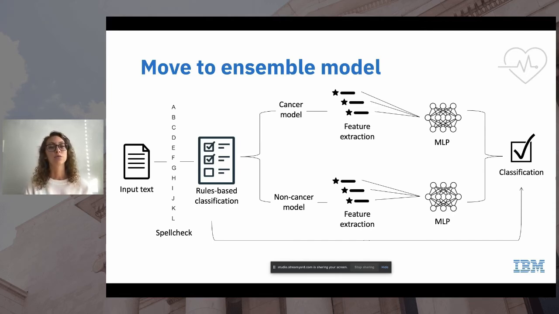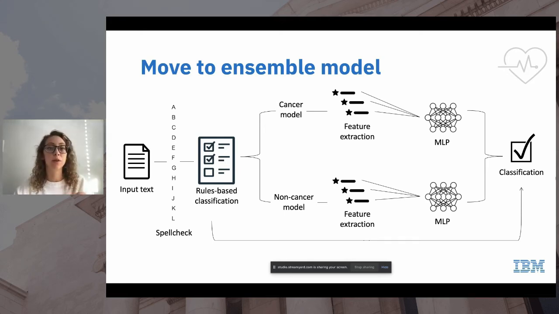So the last rule that we send it through, if none of the other rules caught that text, is to determine if there's any indication that the text we're looking at involves cancer in any way, because the client had emphasized that even if multiple conditions were present, if cancer was one of them, cancer will have a lot of secondary conditions that come from it, but the cancer is the root.